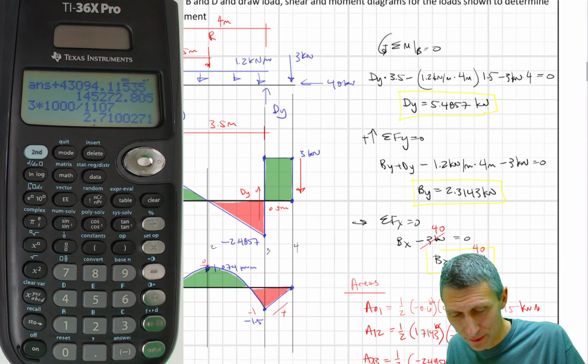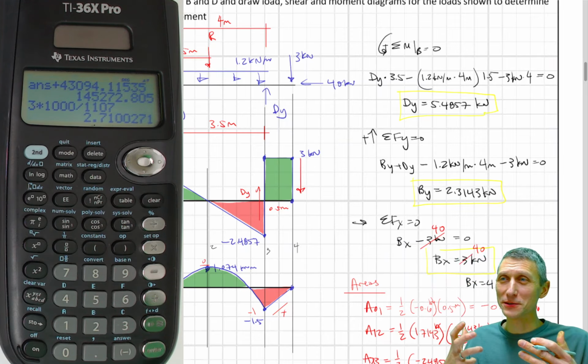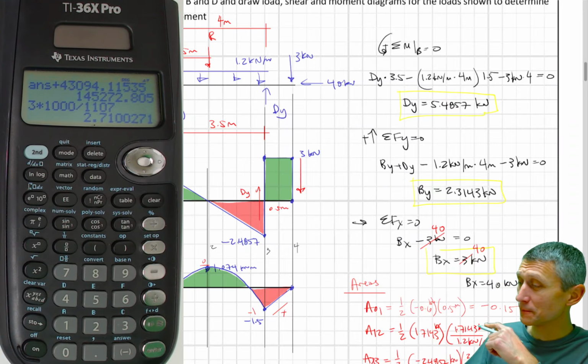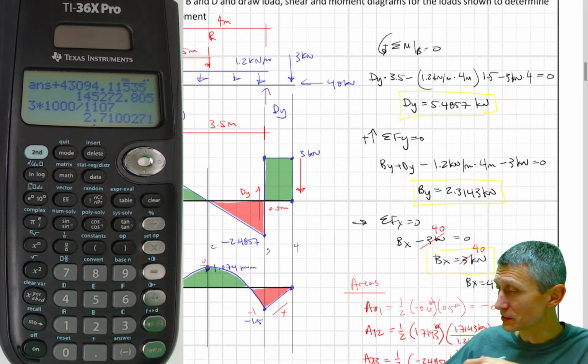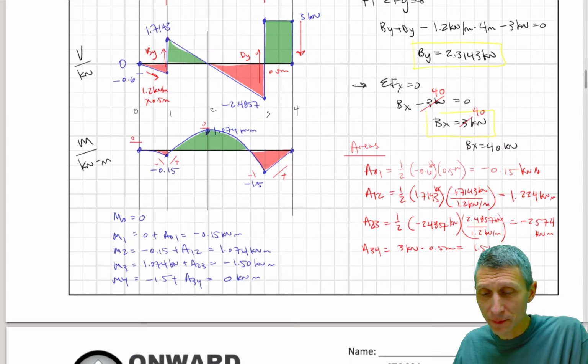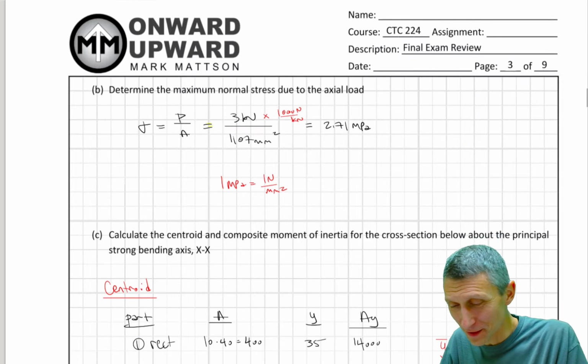Let's just say BX equals 40 kilonewtons. And if you stopped the video earlier because you were like, this is so annoying, he got it wrong, well, I figured it out eventually. That's the beauty of having notes in here.